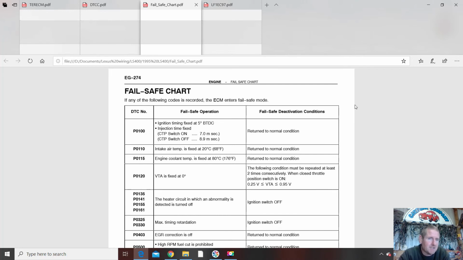Injection time fixed. With the CTP switch on, 7 milliseconds of fuel. Considering it needs about 2.5 to idle nicely, it's going to run rich. So if your airflow meter faults, you're going to have no power because the timing's locked, and lots of fuel. Rich as rich can be.